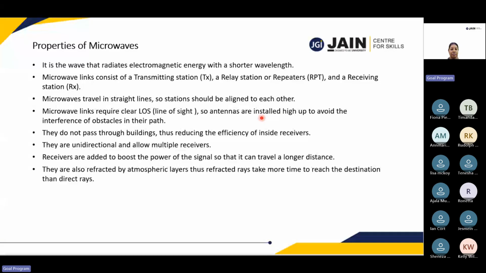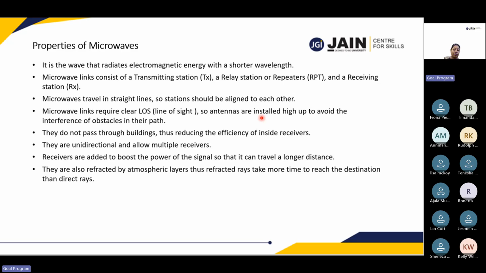Repeaters are added to boost the power of the signal so that it is able to travel longer distances, as we have discussed. Like we have repeaters to boost the strength of the signal, the same way in the physical cables, the fiber optic cables we have seen, to strengthen the signals we have repeaters installed in between to pass energy to these signals.